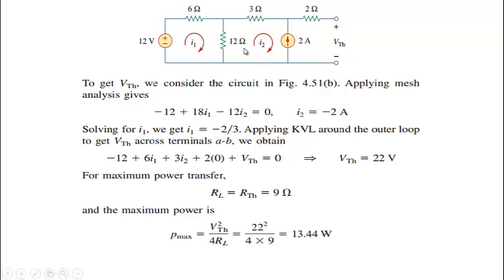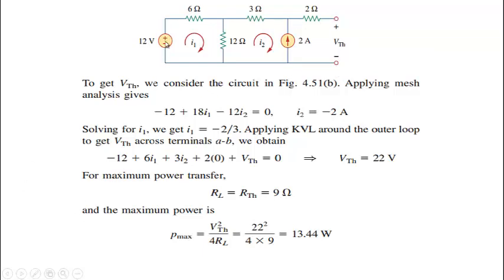Applying KVL around the outer loop, that is over here, because there is no resistance here, we can't multiply resistance by current, so here we have the voltage source. So for the outer loop, to get VTH across terminals A and B: this voltage minus this voltage drop minus this voltage drop is equal to VTH.